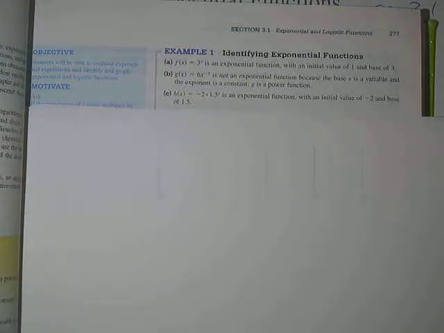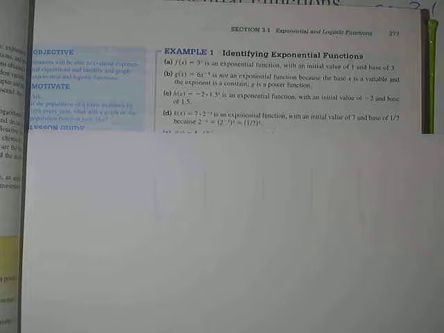C would be, yes, that would be exponential because negative 2 would be our a, 1.5 is our base, x being the exponent again. If we look at D, this one is also an exponential function. Notice the one difference we have here is that the exponent is a negative x.